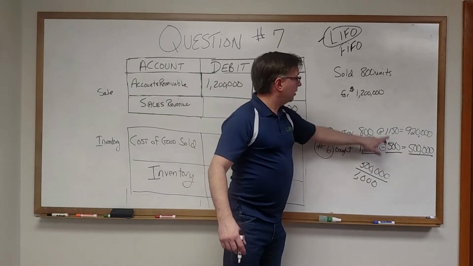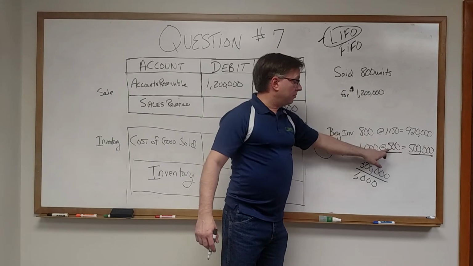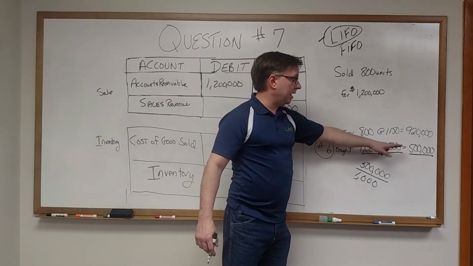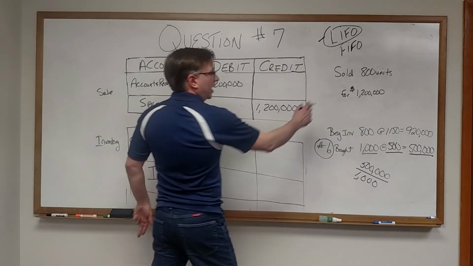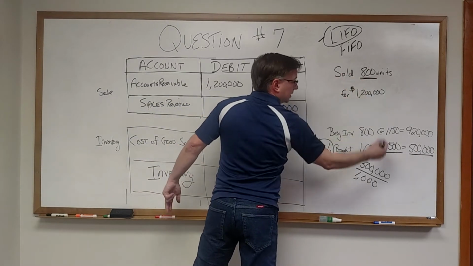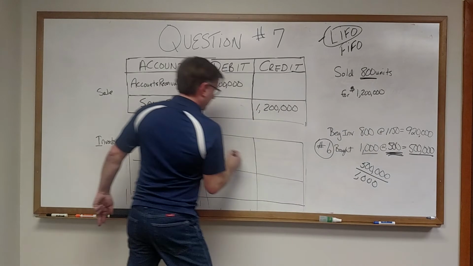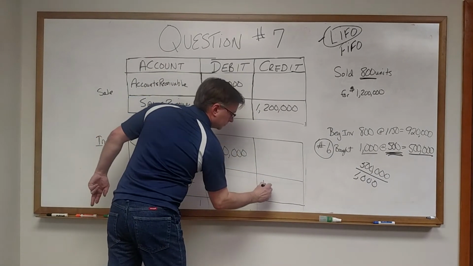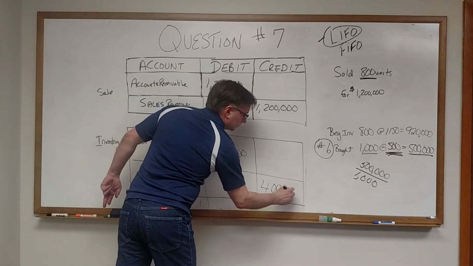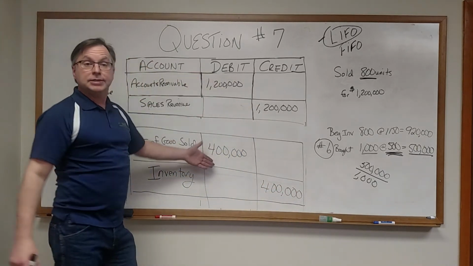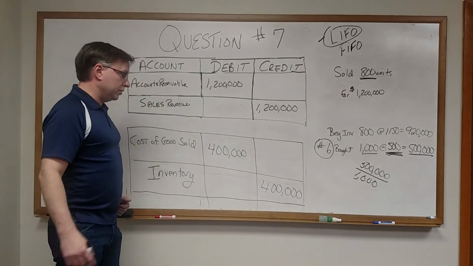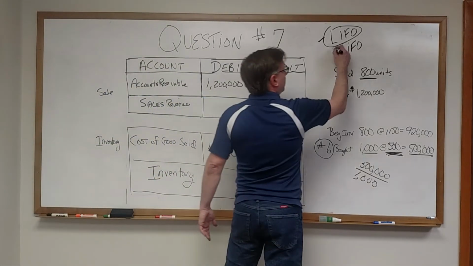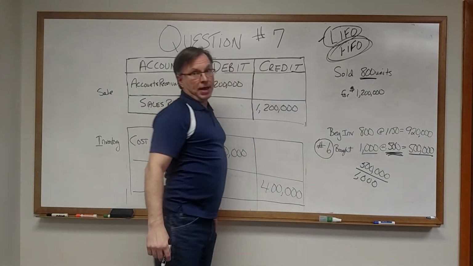We sold 800 of those $500 units, from those 1,000 pieces that we had from that purchase. So 800 times 500 is 400,000. Giving us a nice profit, the difference between the two. That's the LIFO method.